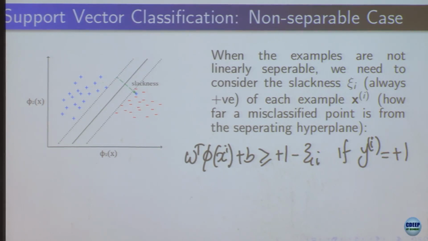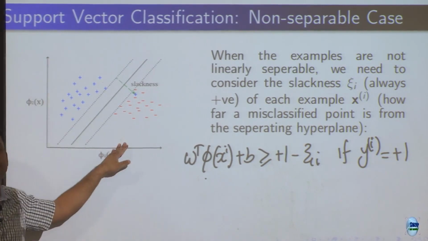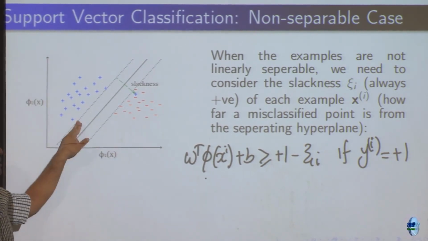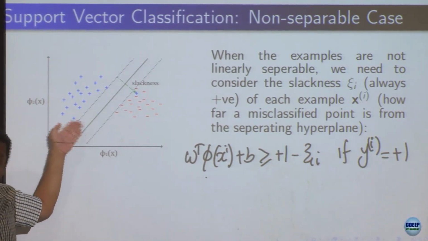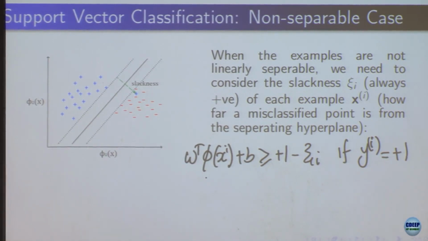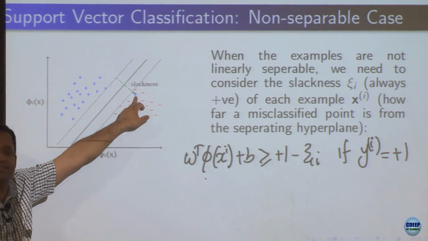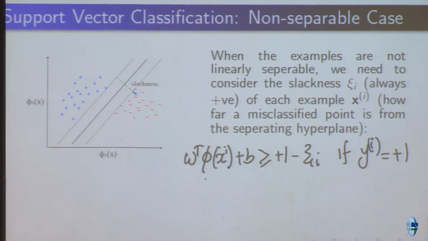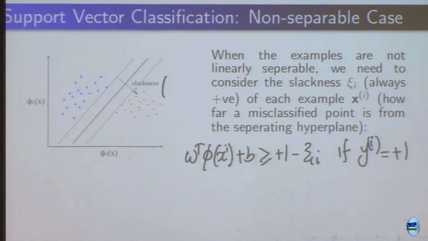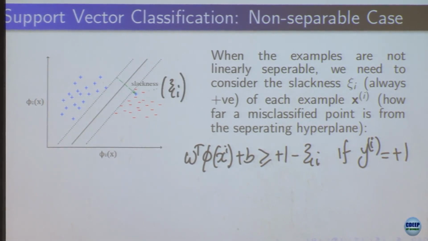So this slackness is that the points, the blue points may lie slightly below the separating hyperplane, I mean below the margin, in fact may lie so much below the margin that they may even go to the other side. That is this plus point here, right. This is the slackness xi we are allowing here.